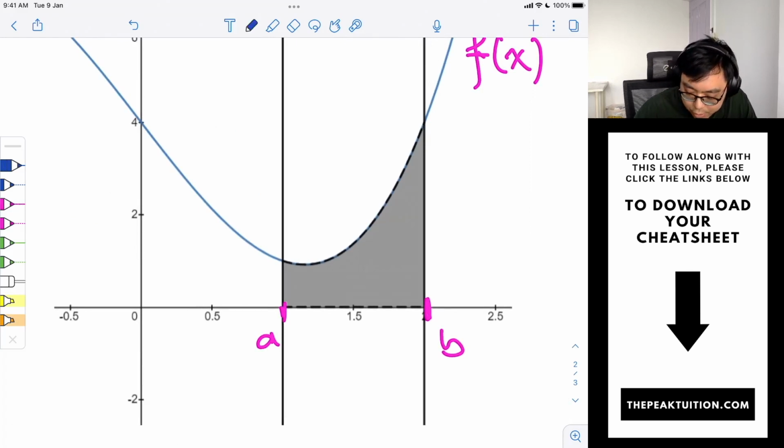So if we treat dx as a width and f(x) as the height, we are essentially finding the area of this block, or as I would like to call it, the area of this slice. And when we sum up all the small slices, we actually get the area under the graph.